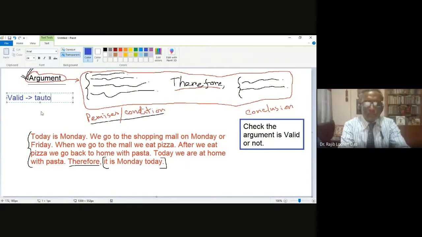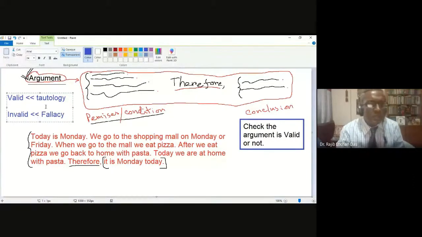Let me write tautology. And another is invalid. Tautology will make this argument valid, and fallacy will make this argument invalid.